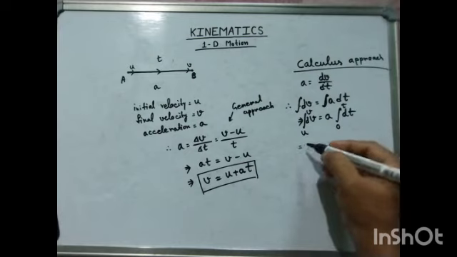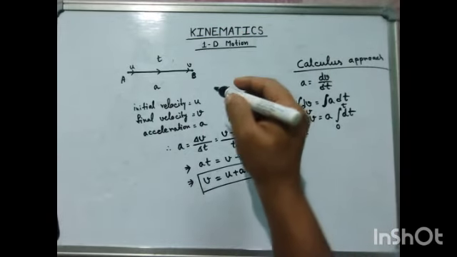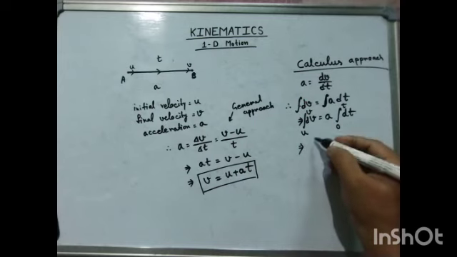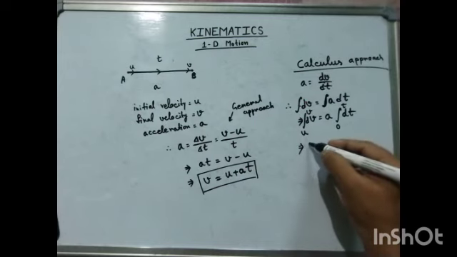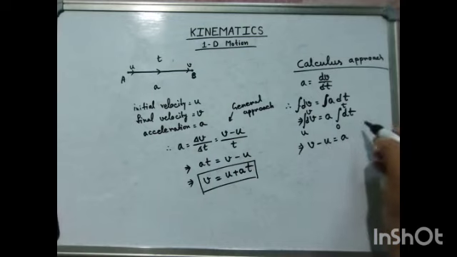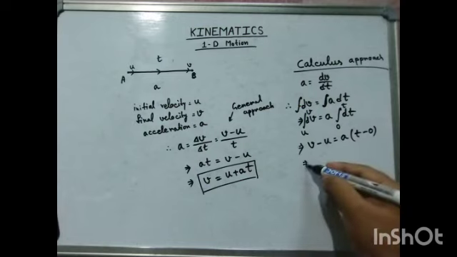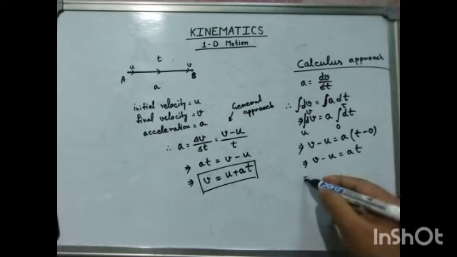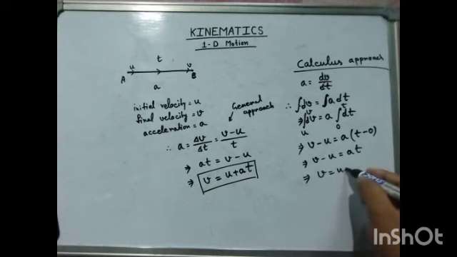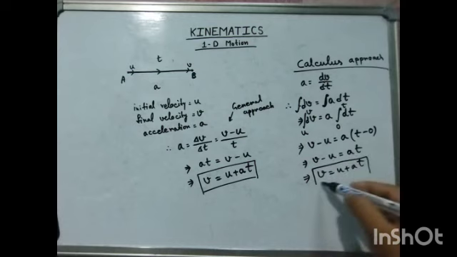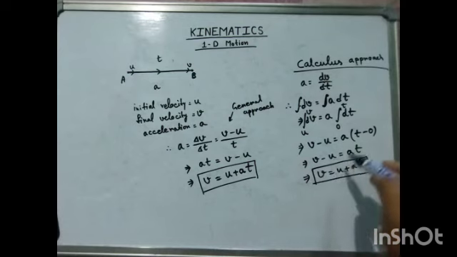So the integration of dv means u to v, so it will be v minus u equals a into t minus 0. So this will be v minus u equals at. That means v equals u plus at. So using calculus also we can find v equals u plus at.